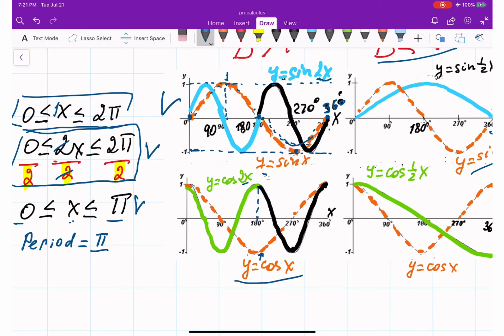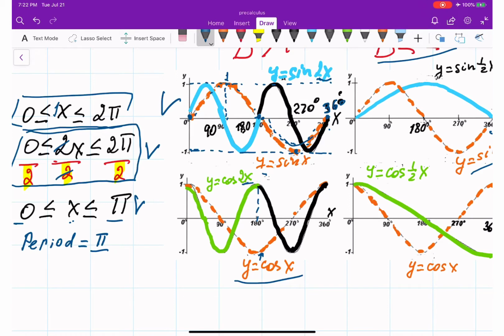And remember what I said, if you have 2x, that means you fit two waves in 360. If you have 4x, then you're gonna fit 4 waves in 360. If you have 8x, then you fit 8 waves in 360. And accordingly, the period will be shortened by 8 times, right? By as many times as your frequency is.